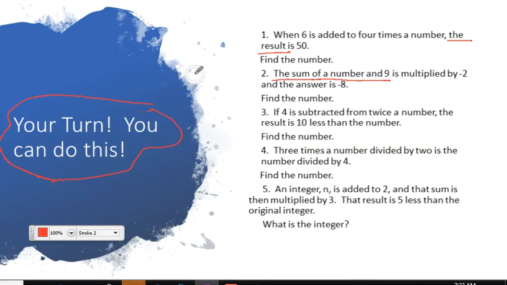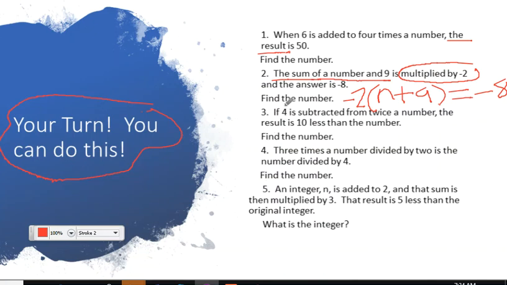So that would look like this, the sum of a number and 9. Okay, and then that sum is going to be multiplied by -2. Okay, so that's where you have to put your -2 here. And then I guess we might as well just go ahead and finish this one together. And the answer is -8. And then you guys solve from there.